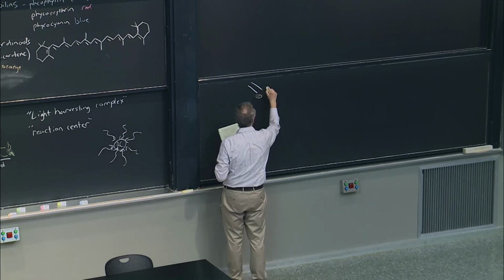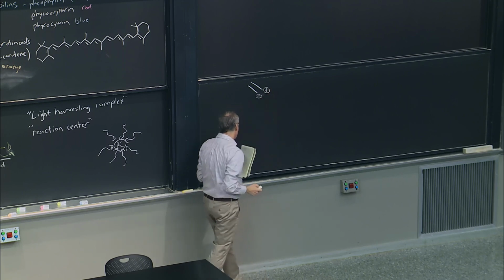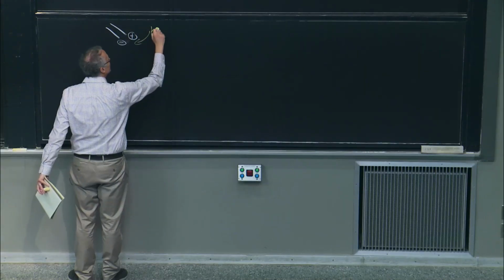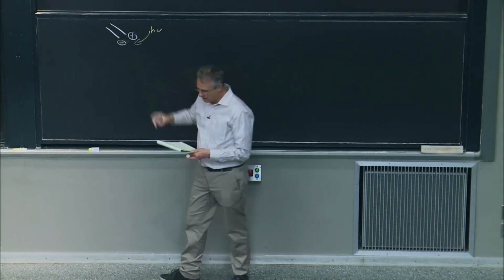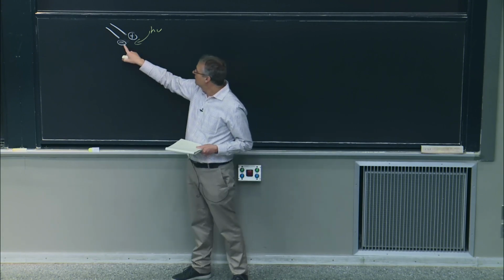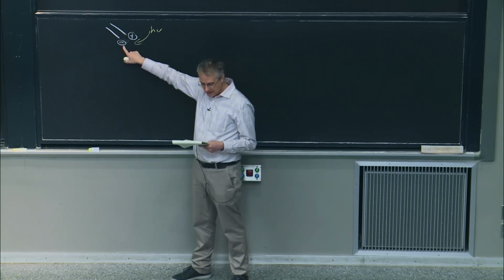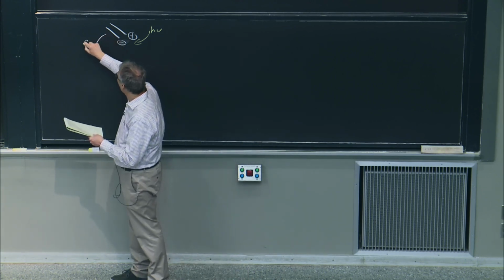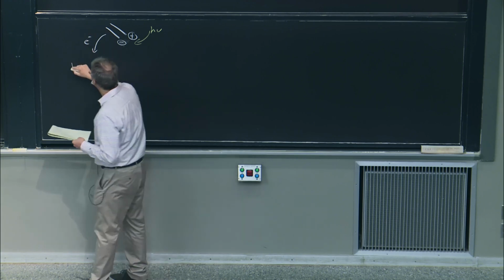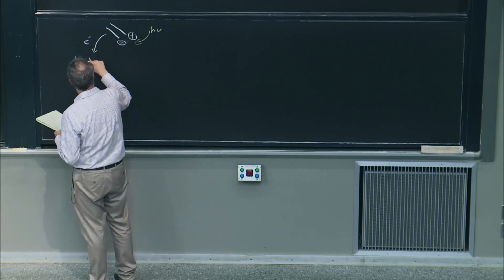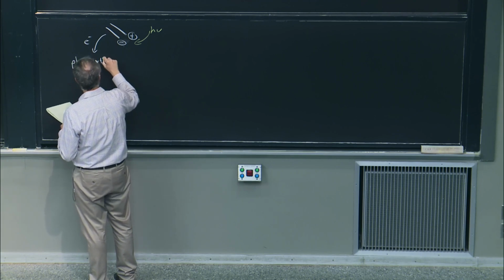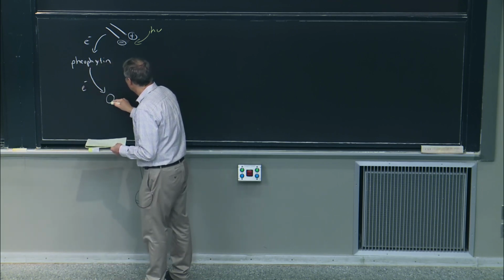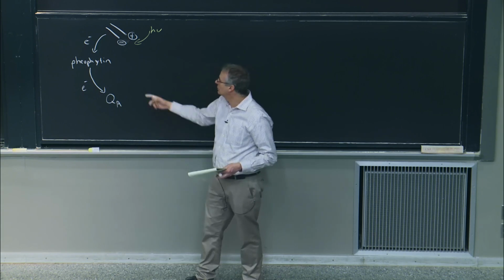You'll absorb a photon of light, and that will create a charge separation across that special pair of chlorophylls. That electron, before it can decay as fluorescence, as would normally happen, is very rapidly transferred out to a pheophytin molecule, and then very rapidly transferred again to a quinone called QA.